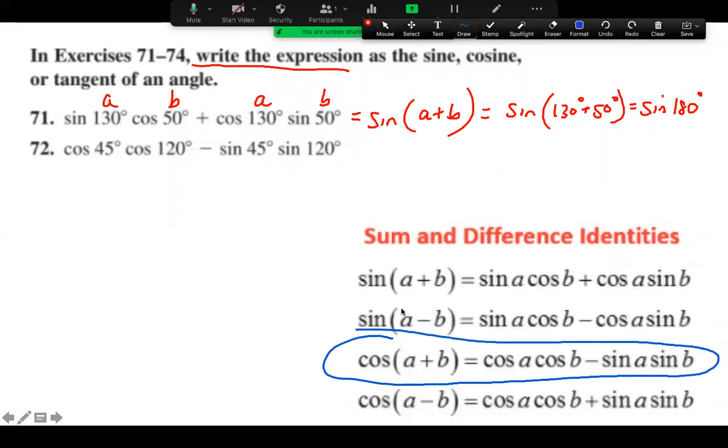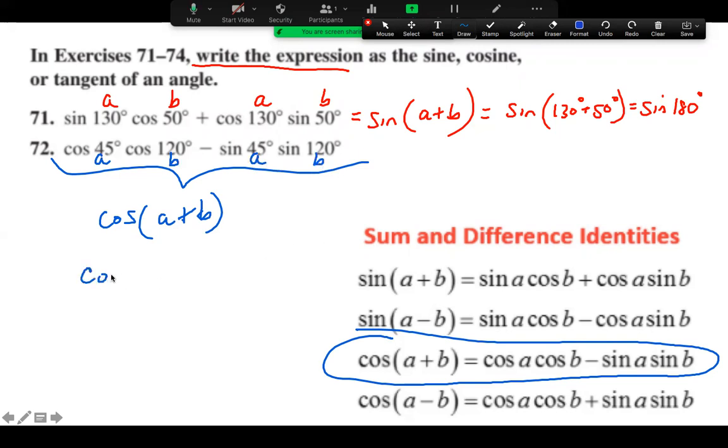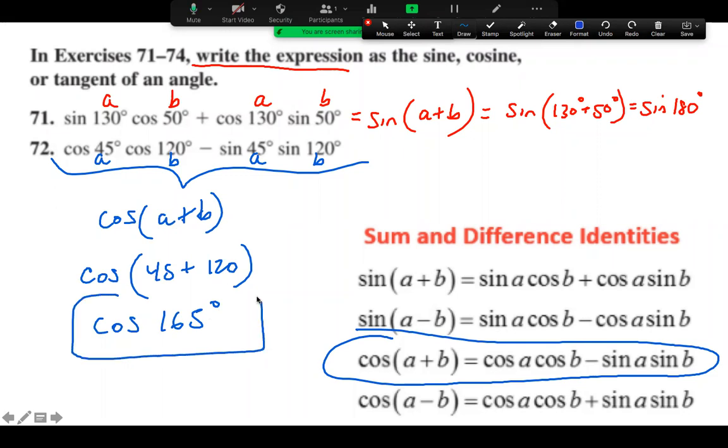So it's the cosine sum identity. So all this can be expressed as cosine of A plus B, where 45 is your A and 120 is your B. So we have cosine of 45 plus 120, and we sum those up. 45 plus 120 is 165 degrees.